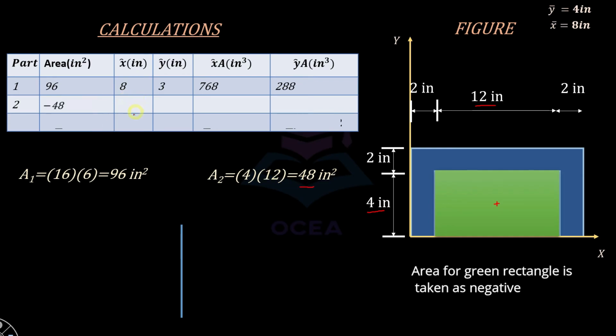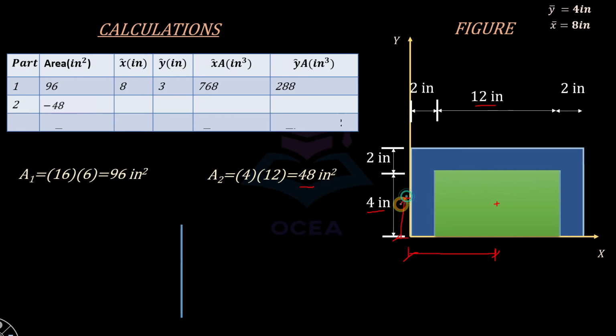And the centroidal coordinates for this rectangle, that is, this is x2 and y2. x2 is equal to half of this distance, 6 plus 2, which comes out to be equal to 8, and y is going to be equal to half of this distance. 4 divided by 2 would give me 2.